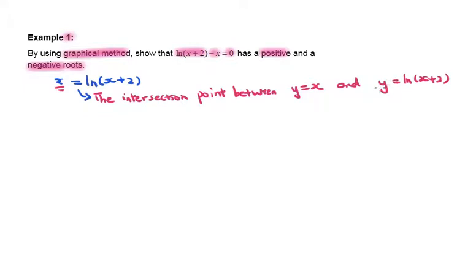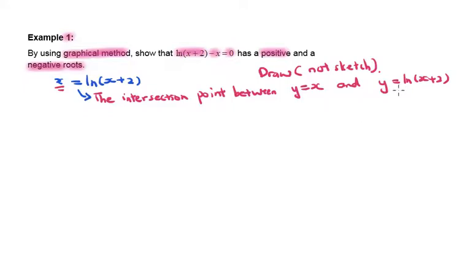Now we are going to draw by using a proper scale for x and y, as it is not a sketch. Then we attempt to find the intersection between these two graphs.